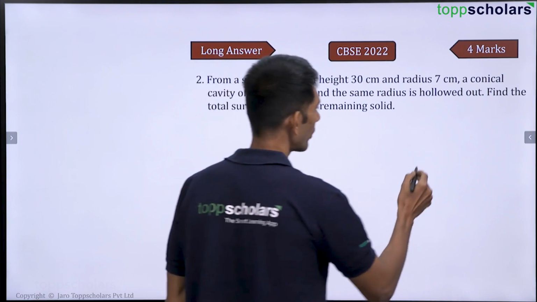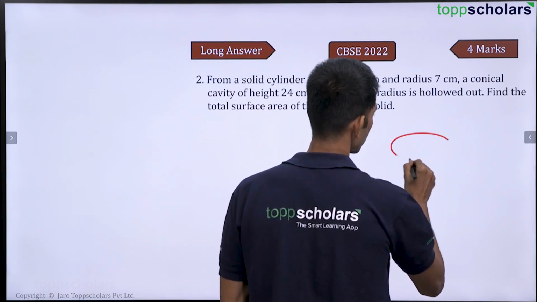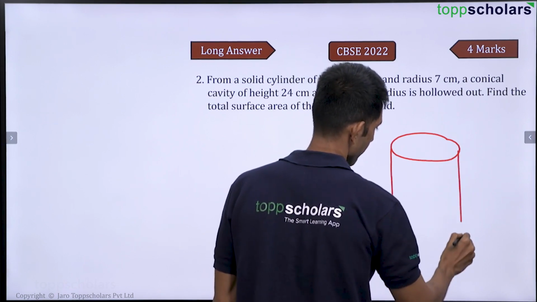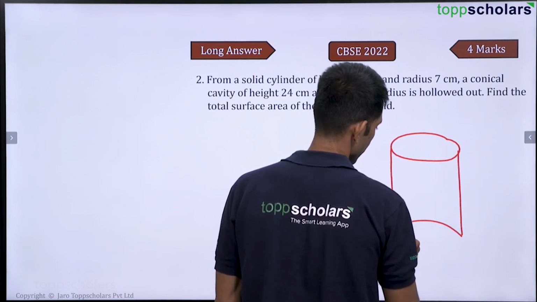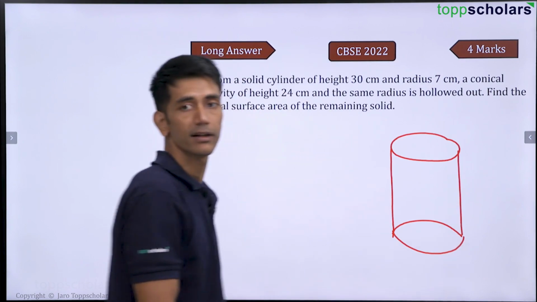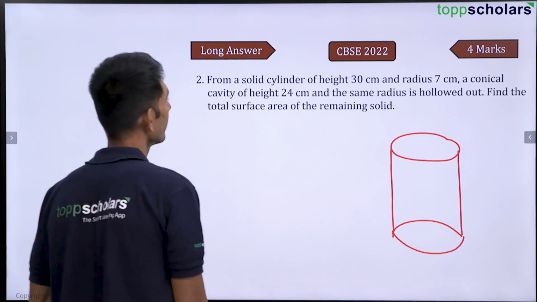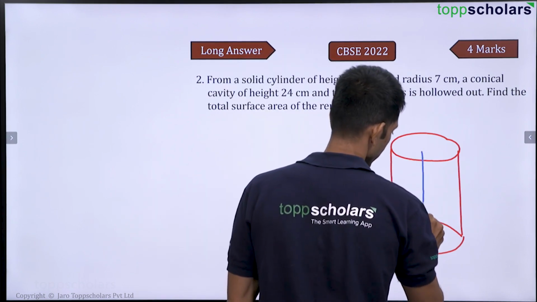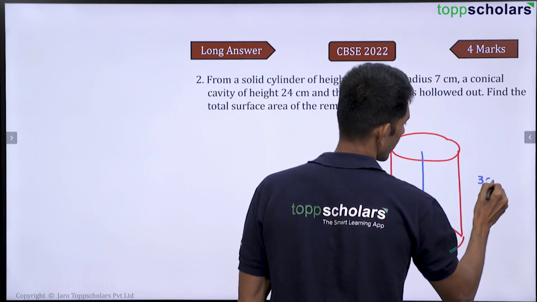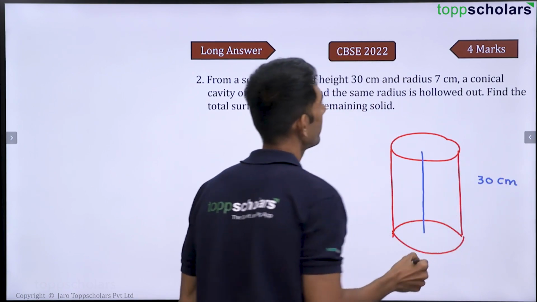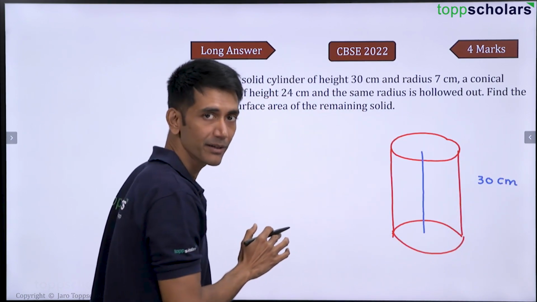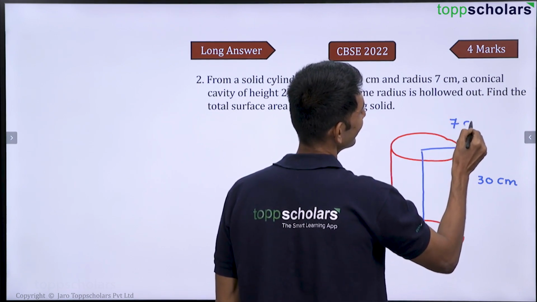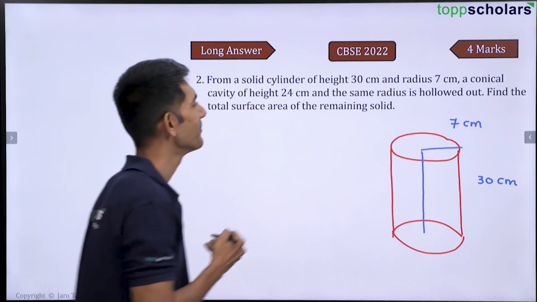Okay, so there is a solid cylinder, and some dimensions of the cylinder are given. The height of the cylinder is 30 centimeter and the radius is 7 centimeter.